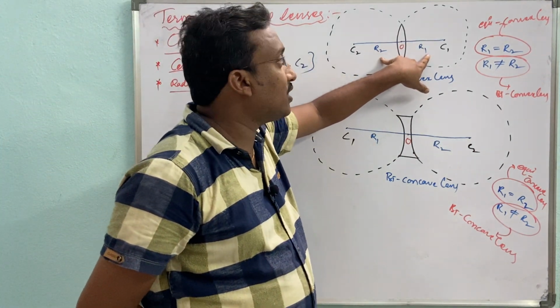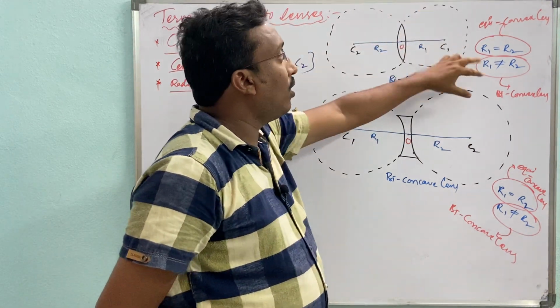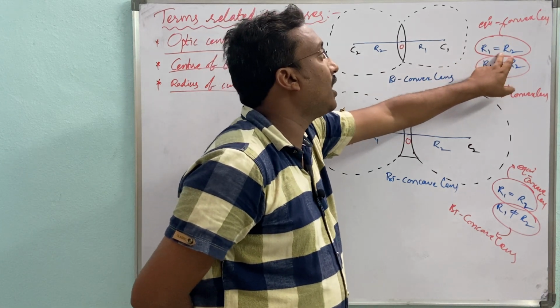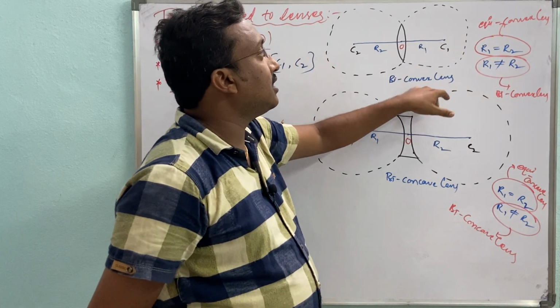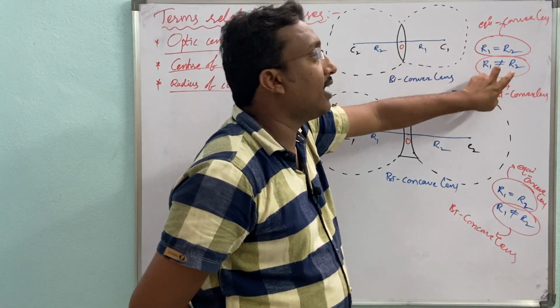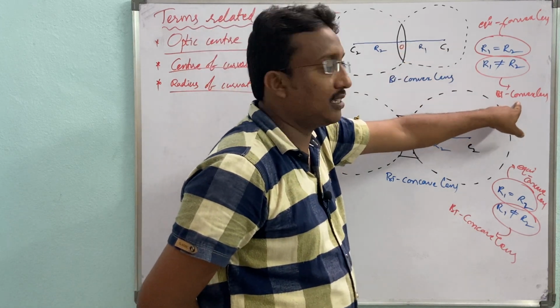Here we have classified a given lens based on radii of curvature, and it also splits into two types. If the radii of curvature are equal in a convex lens, it is called an equiconvex lens. If the radii of curvature are different, such convex lenses are called biconvex lenses, right?